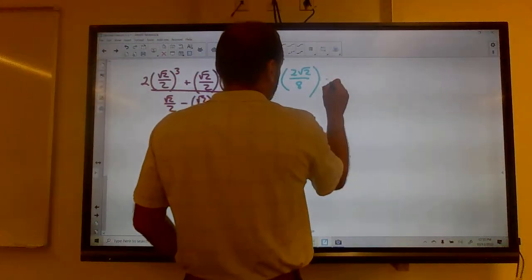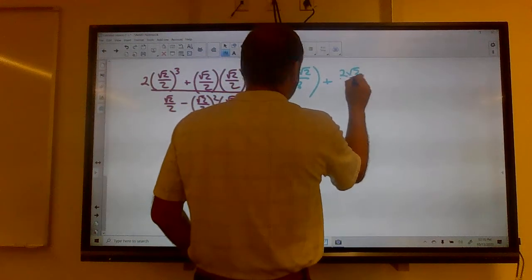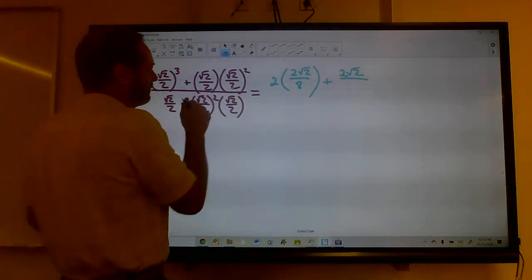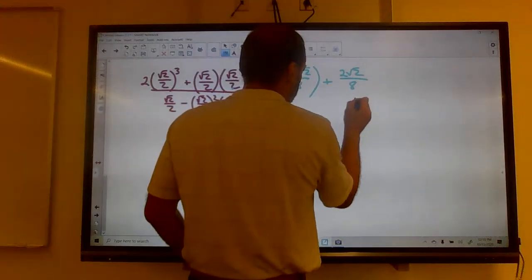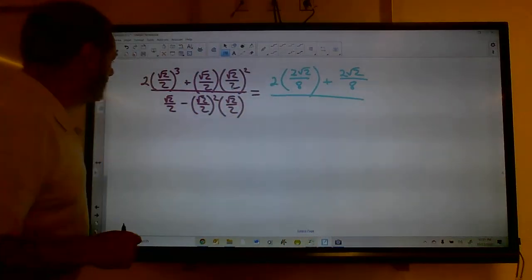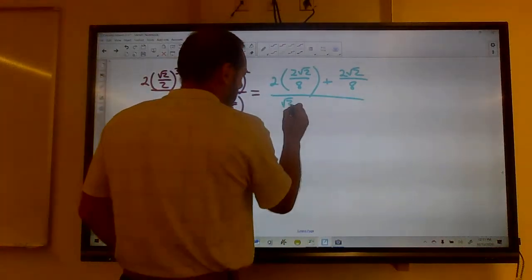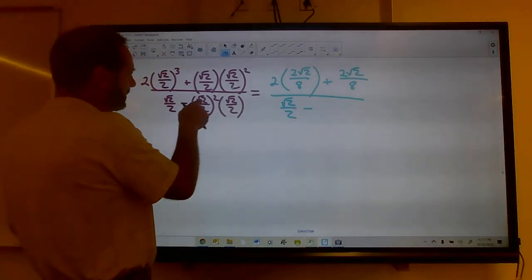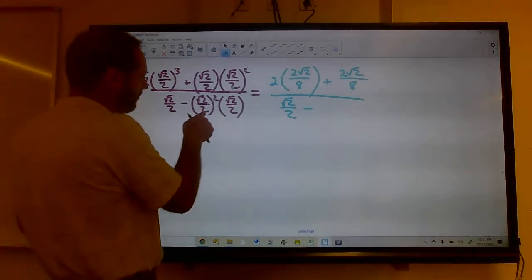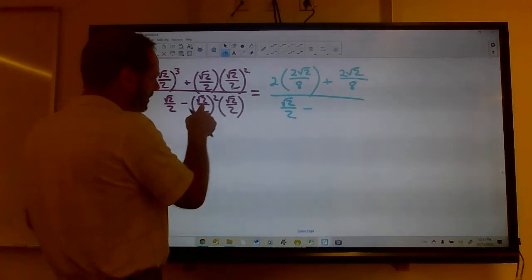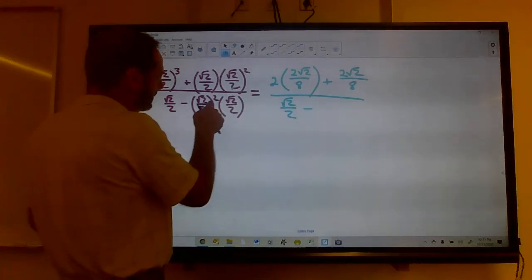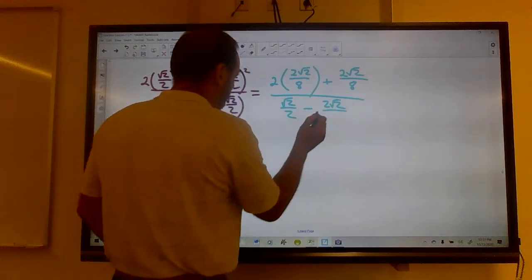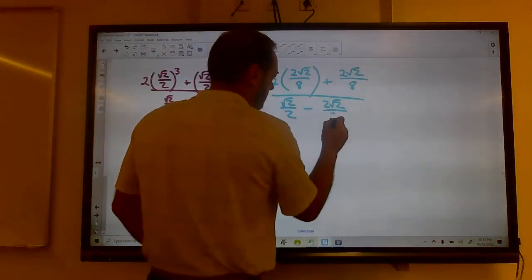So this is going to be plus 2 square root of 2 over, this is 4 times 2 is 8. And this is going to be square root of 2 over 2 minus, that's going to be 2 over 4. And so this is going to be 2 square root of 2. And 4 times 2 is 8.